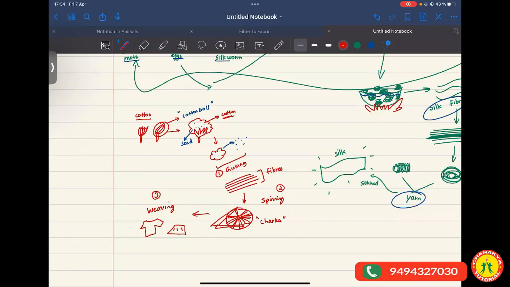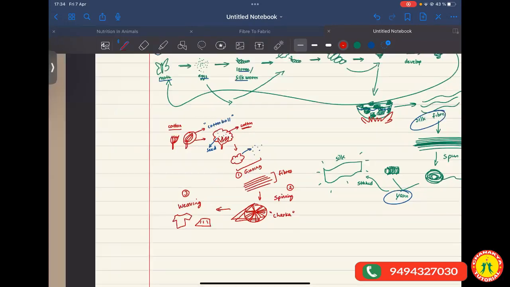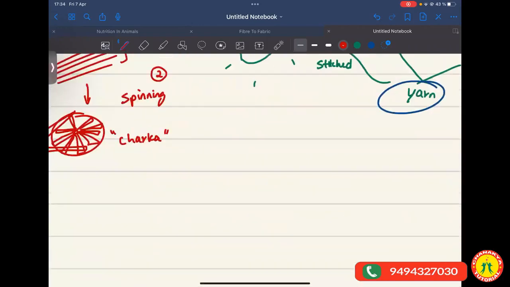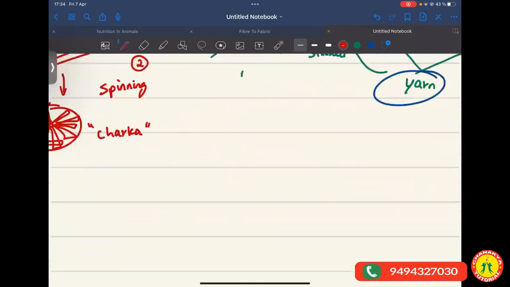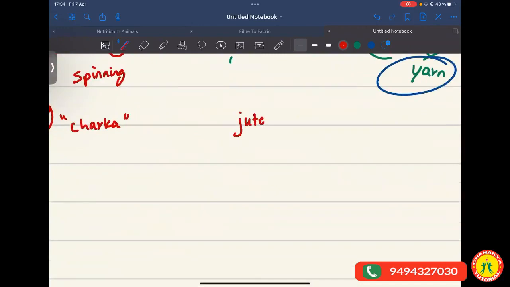Another natural fiber that you're going to see now is jute. Jute is basically the hard mat that you have, or sack, like hay sacks or rice sacks, the hard material. When you buy rice from the shop, they give it to you in a sack, right? Which is very thick cloth material.